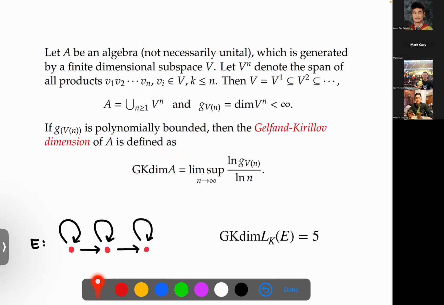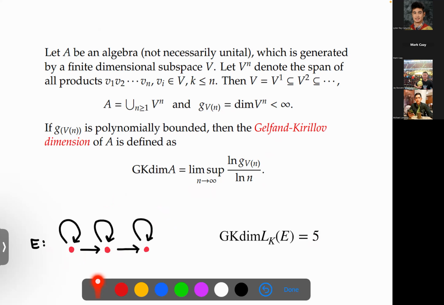And this sequence is actually determined by the dimension of a sequence of subspaces, and these subspaces are determined by your lengths. You take this limit, and if you compute the Gelfand-Kirillov dimension of the Leavitt path algebra of this graph here, you get 5. I don't know how to compute it because I'm really bad at these things.